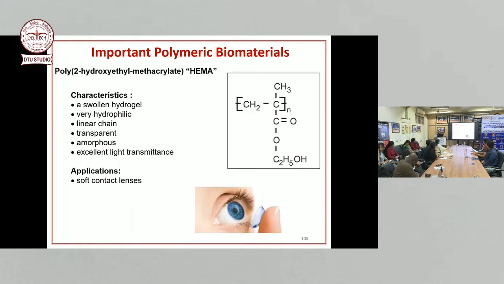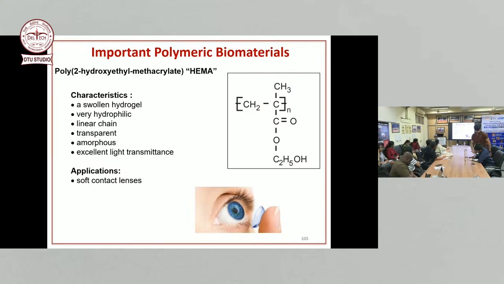Another one is polyHEMA, it's like a swollen hydrogel. So what is a hydrogel? Have you guys heard about hydrogel? Yesterday we talked about it. We did? I don't remember actually. Okay, maybe we did, but I don't remember. So what is hydrogel? If we talked, you'd know then. In relevance to that cataract we were talking about.